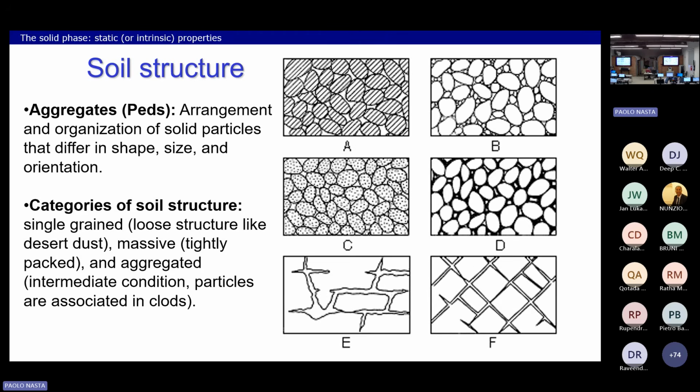Of course, there is also the importance of macro porosity and preferential flow, which is very difficult to simulate. So we won't go into the preferential flow problem, because this webinar is basic and is addressed especially to master students and PhD students.